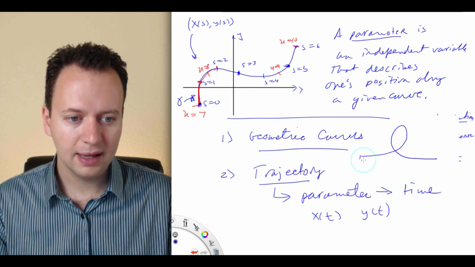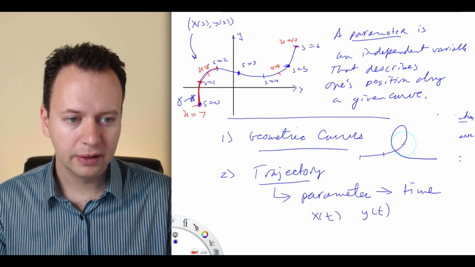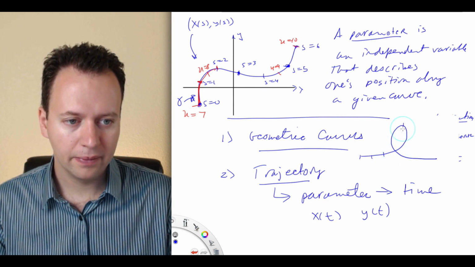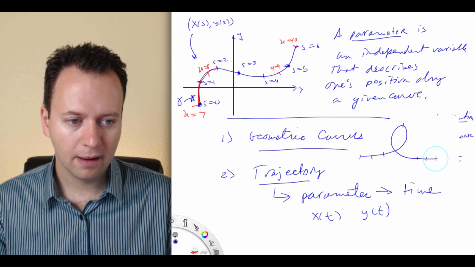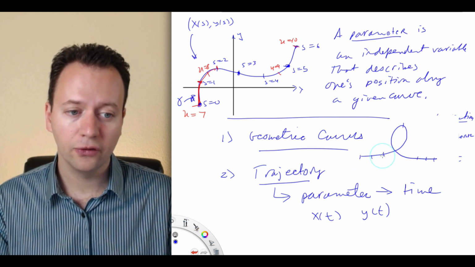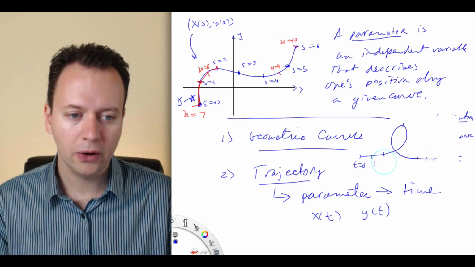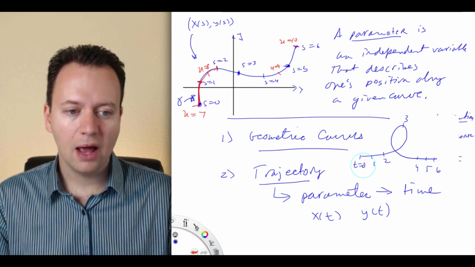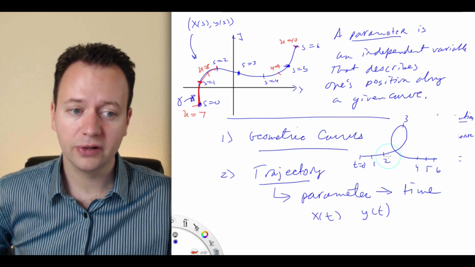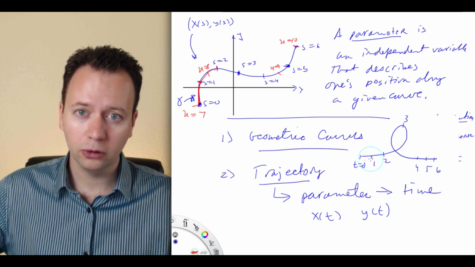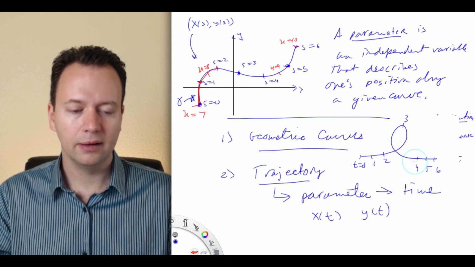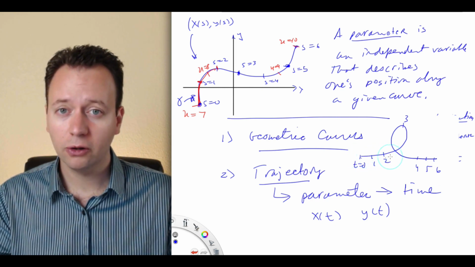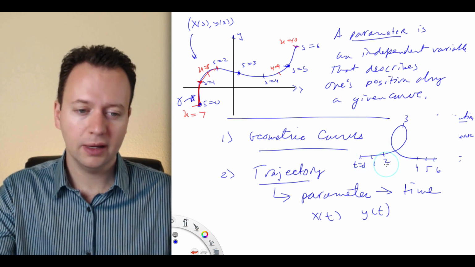So it has a very real physical meaning. You have something like this, and these are the notches in time. Notice that they're closer together over here. So this might be t equals 0, 1, 2, 3, 4, 5, 6. And what this would mean with this parameterization, suppose it's a parameterization for a loop-to-loop, like a roller coaster, is that when these notches are closer together, you're moving more slowly, right?